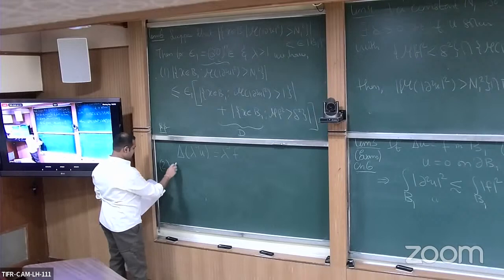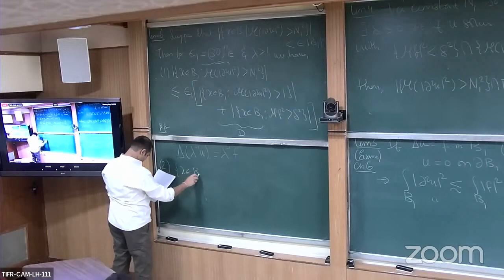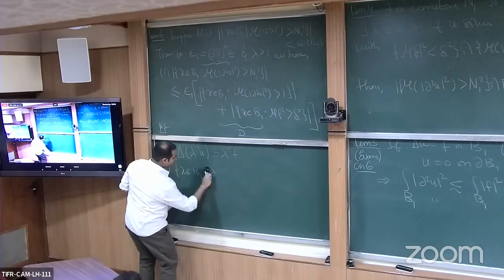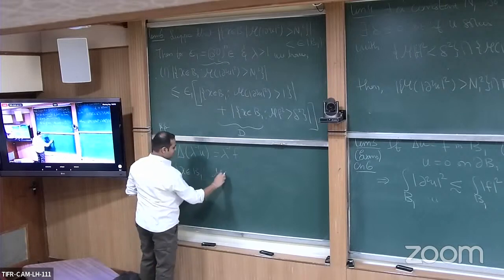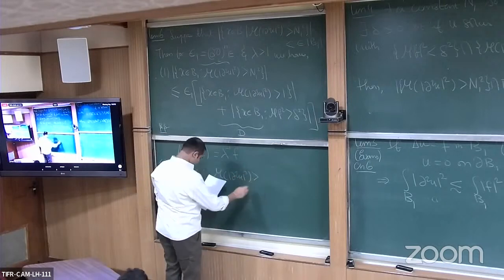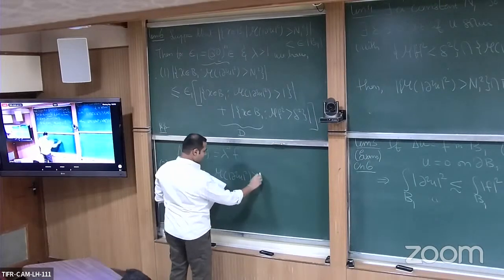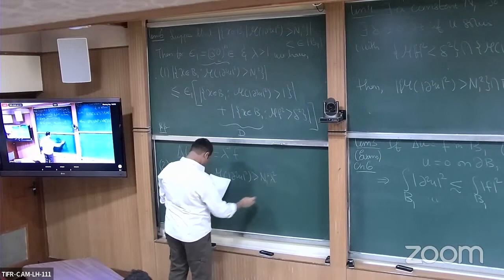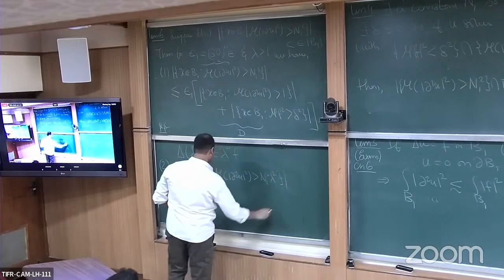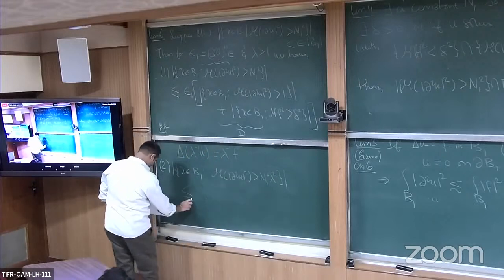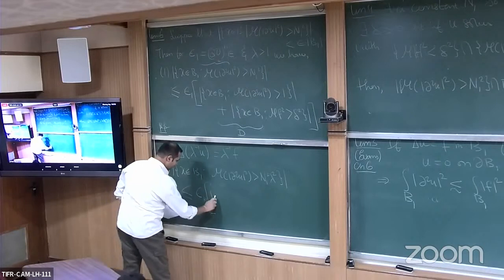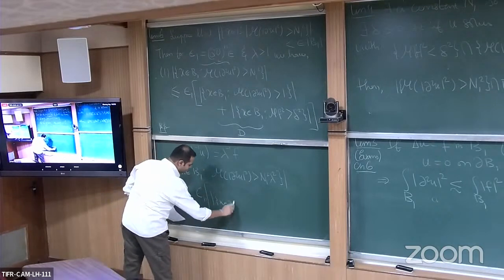I get x in v1 such that the square, this value 1 times 1.